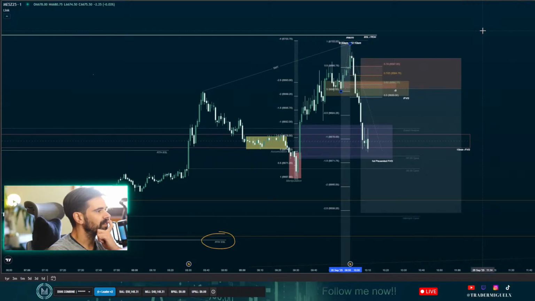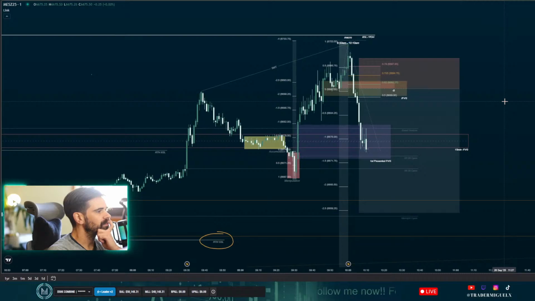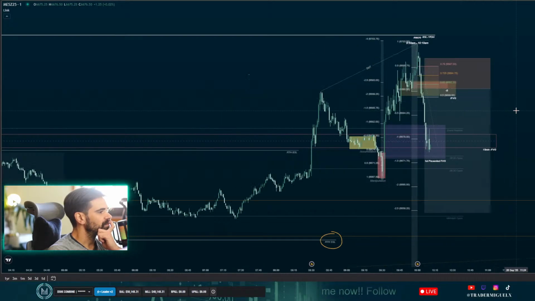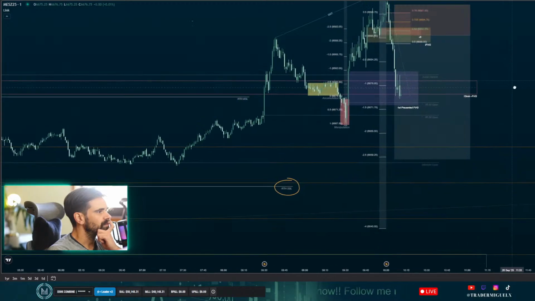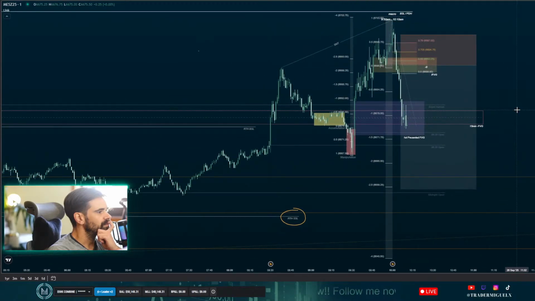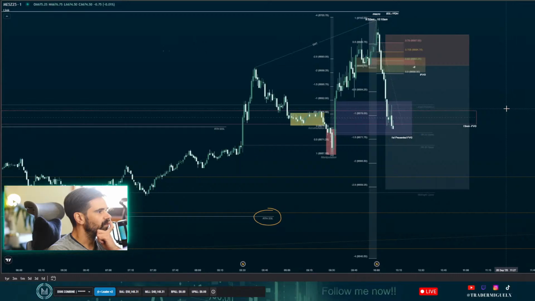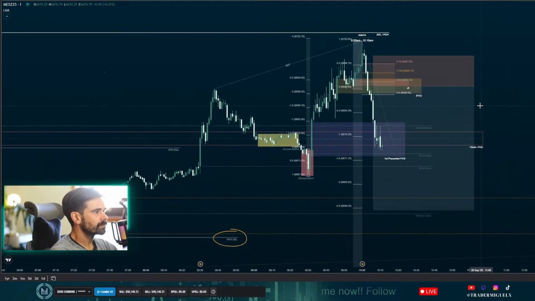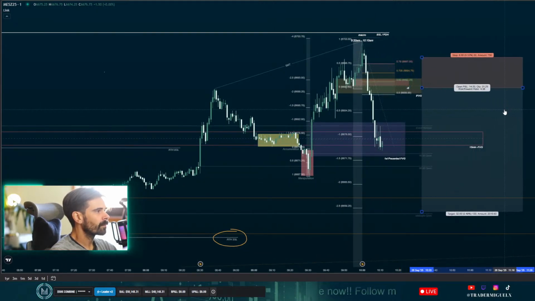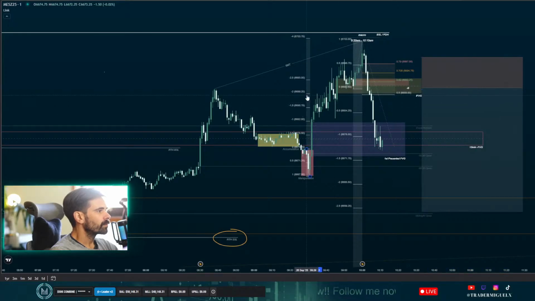So implied fit, yeah. I will clean this a little bit more.